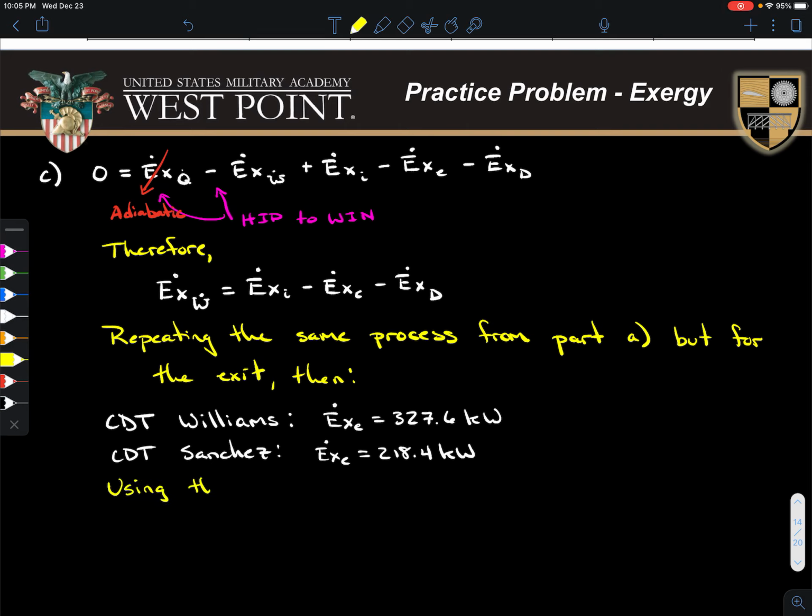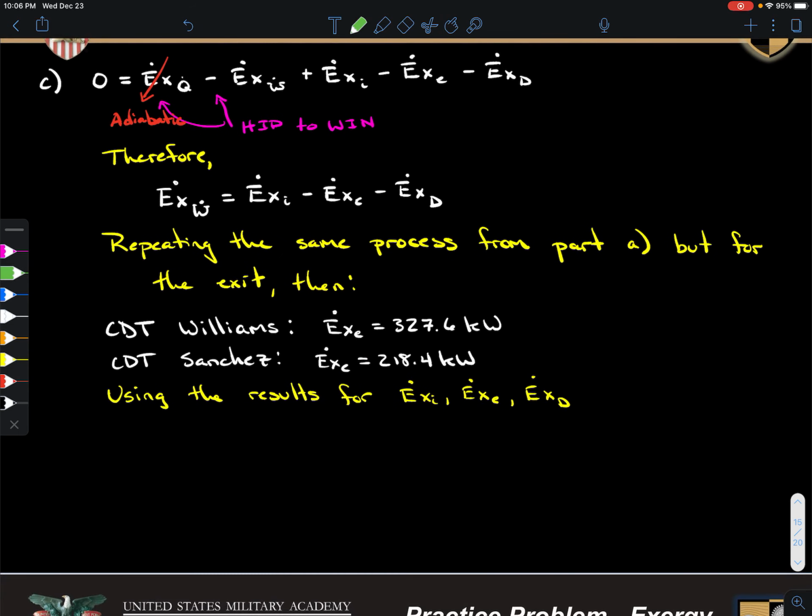So then we need to say, using the results for our inlet, our exit, and our destruction term, we're going to plug it all back into this equation at the top, our exergy balance.